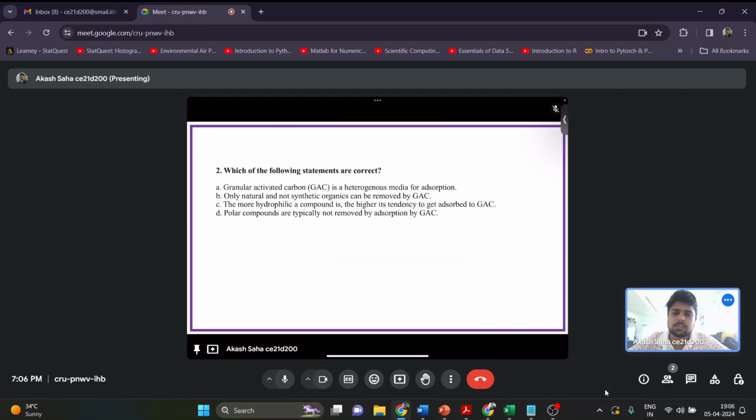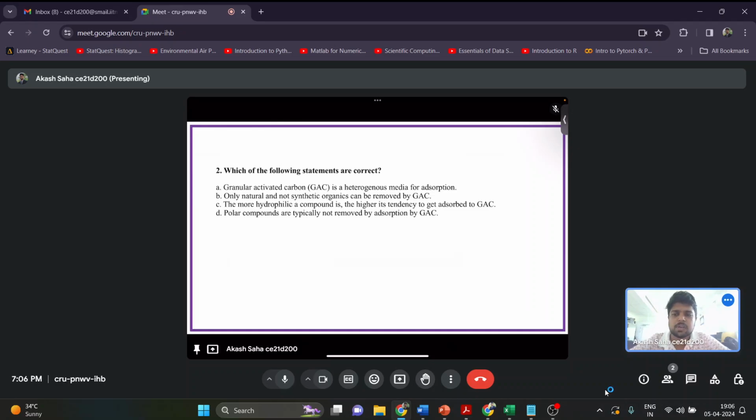The next question says, which of the following statements are correct? We have 4 statements here. The first one says granular activated carbon or GAC is a heterogeneous media for adsorption. Option B, only natural and non-synthetic organics can be removed by GAC.